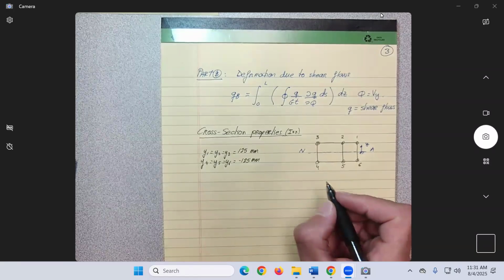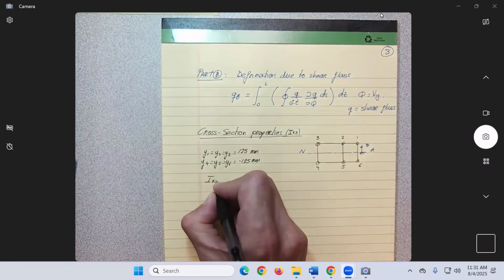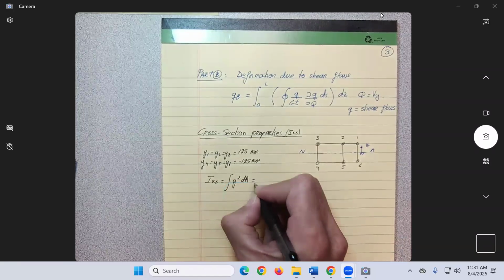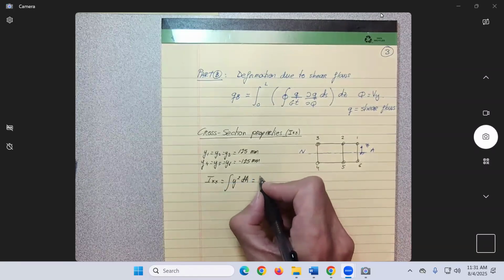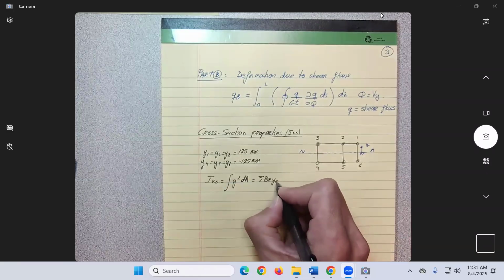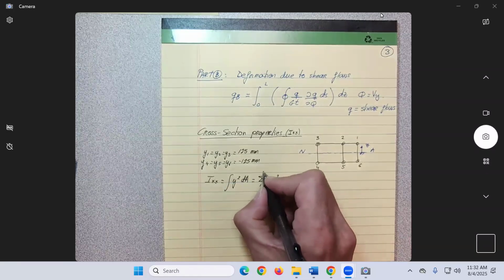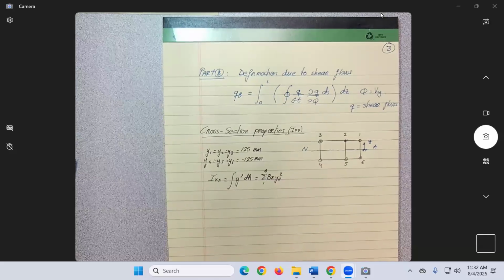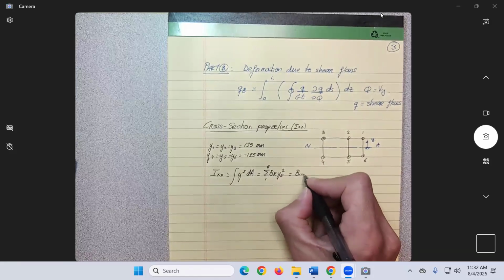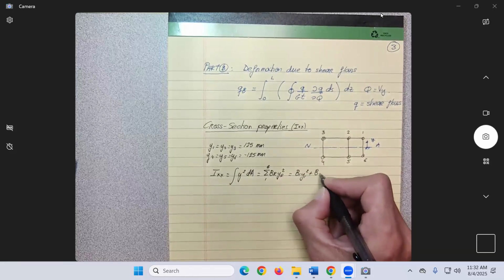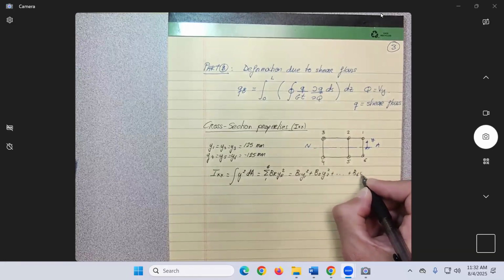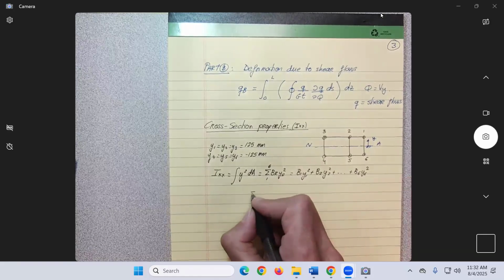So we'll have the Ixx. The giant expression is y squared dA, but we know that we can approximate that. I mean, we can calculate that in our approximation by doing the B sub R's y sub R squared between 1 and 6. So this is B1 y1 squared plus B2 y2 squared plus the same thing up to B6 y6 squared.